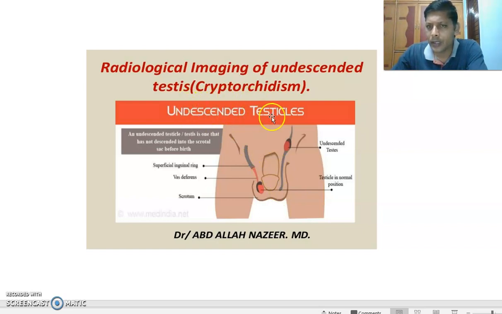Here are the undescended testes. This is called cryptorchidism: a testis that has not descended into the scrotal sac before birth is called an undescended testis.